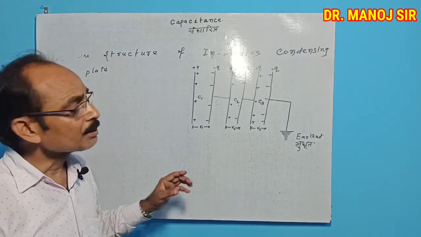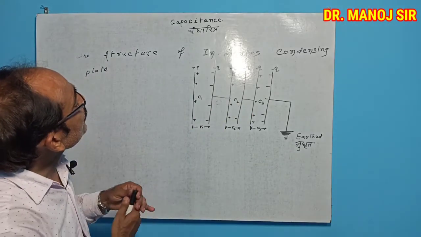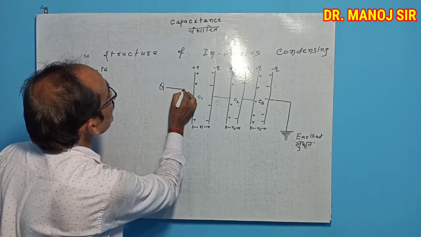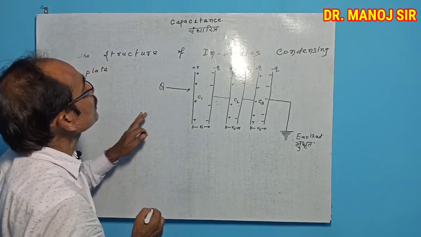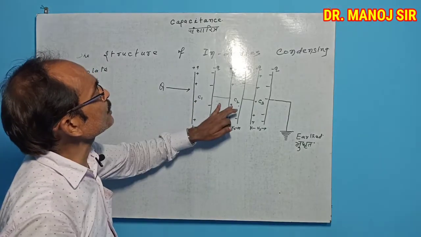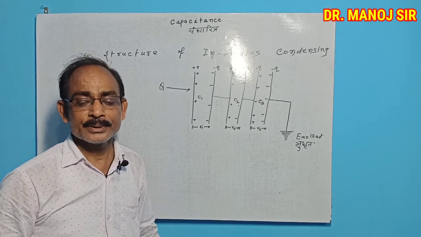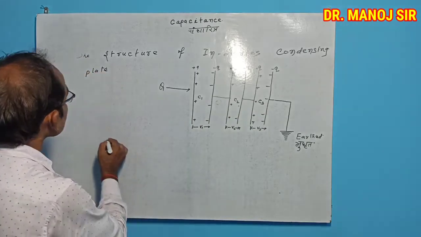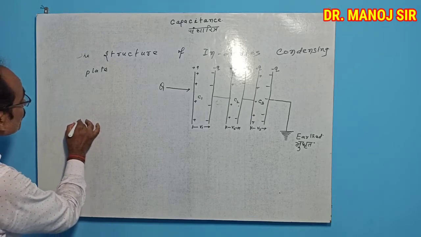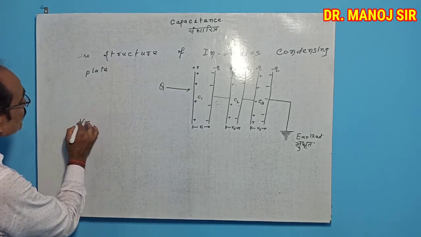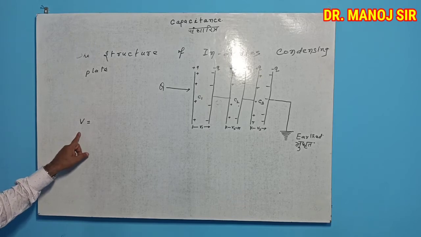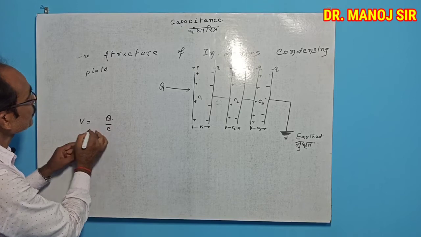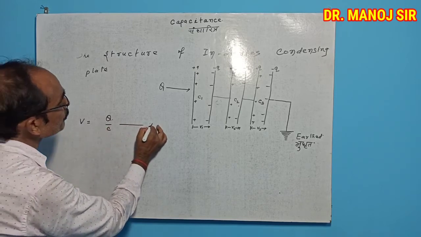When a charge Q is introduced on the capacitors C1, C2 and C3, then according to the definition, V equals Q upon C. That is the first equation.